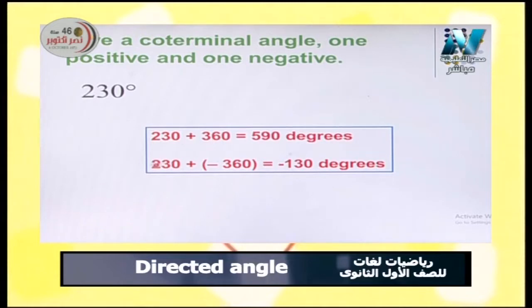And 230 plus negative 360, which is a complete round but in the clockwise direction, equals negative 130 degrees. So negative 130 degrees is the equivalent angle, but negative, for 230, and 590 is the equivalent angle to 230.